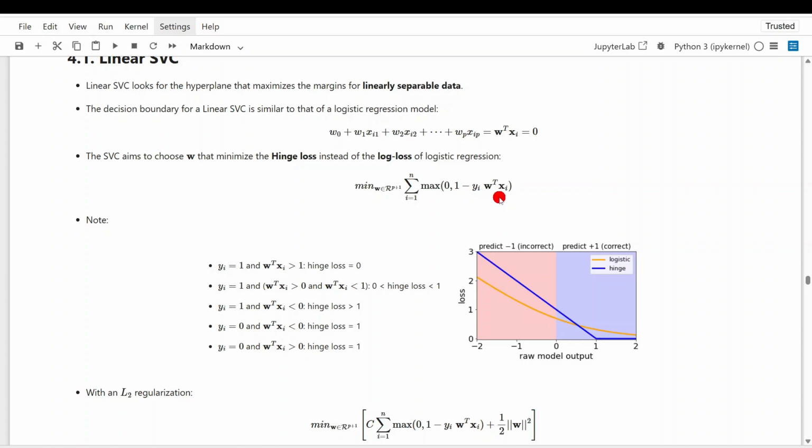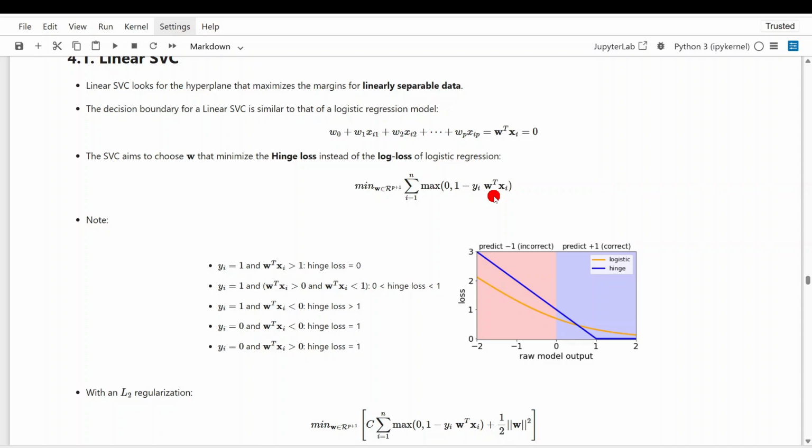Then we are going to consider the maximum of 0 and 1 minus a number greater than 1, which is 0. Then the loss will become 0 if yi is 1 and the linear predictor predicts a value greater than 1.